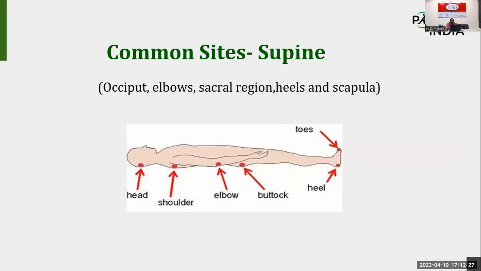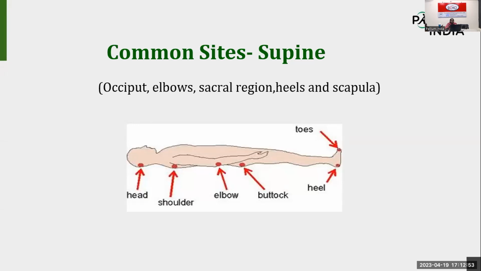So coming to the common sites, supine position. This is the common position for everyone, especially patients. Even if the patient is in supine position, occiput, elbow, sacrum, heel, scapula, even toes are affected with pressure ulcer.